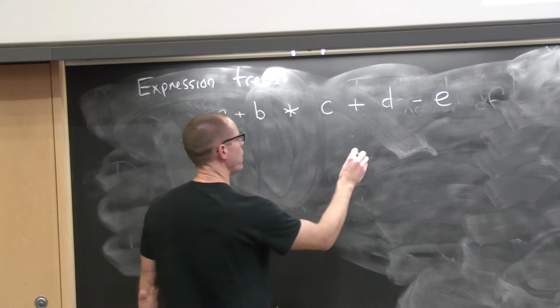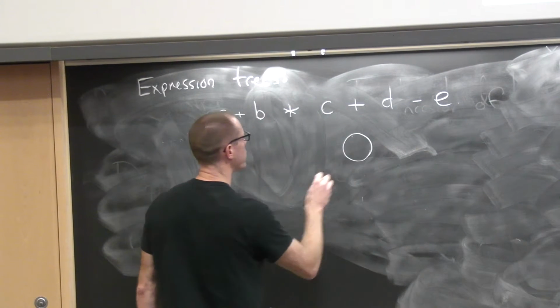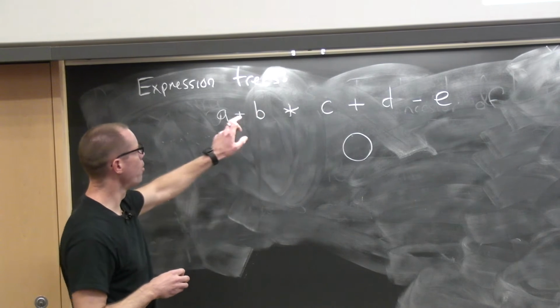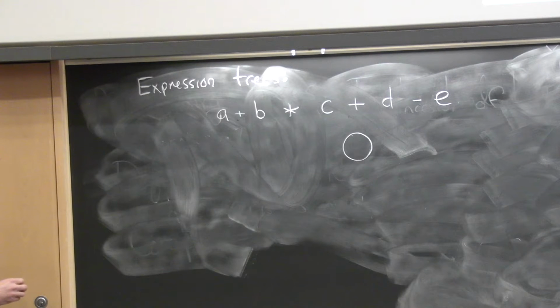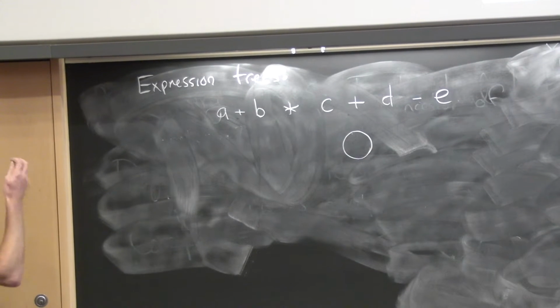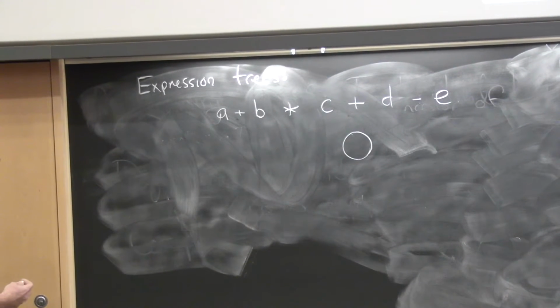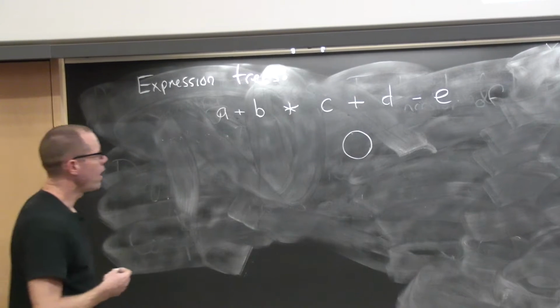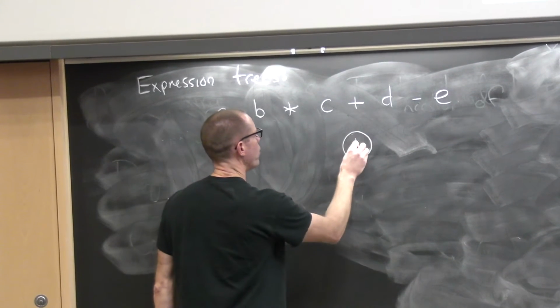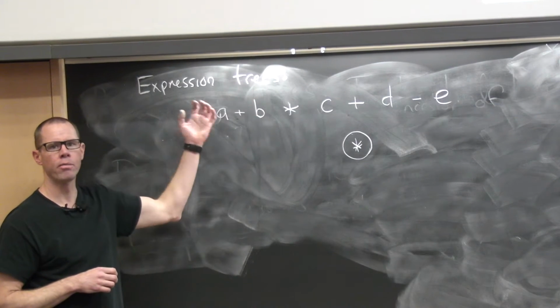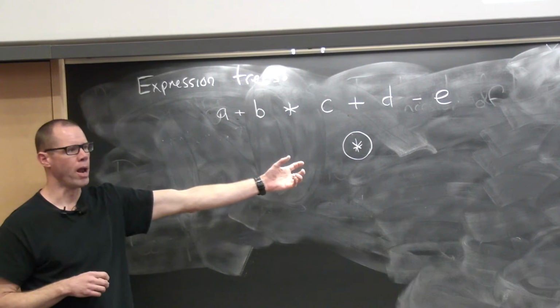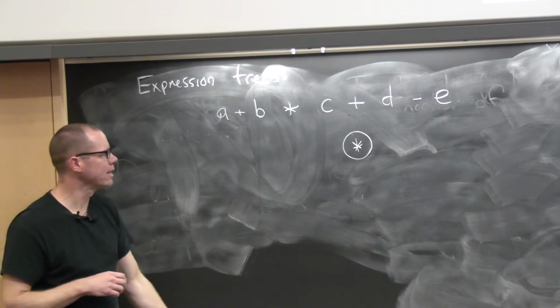In an expression tree, the internal nodes are these operators: multiplication, subtraction, addition, division, whatever. One thing about all these operators is that they're all binary operators. They have an argument on the left and an argument on the right, so they have 2 operands.